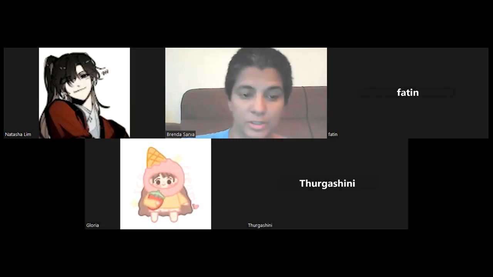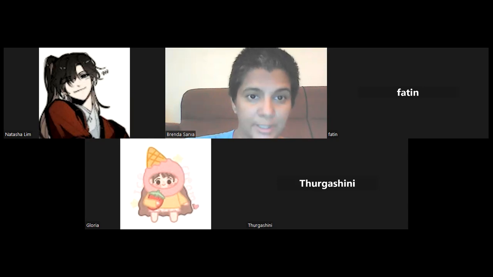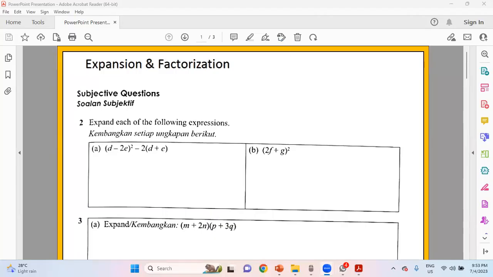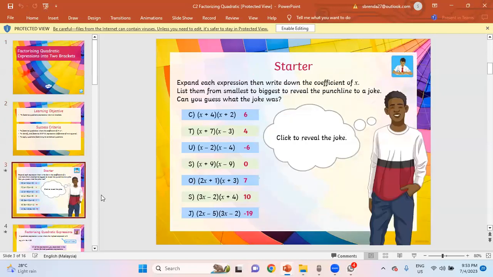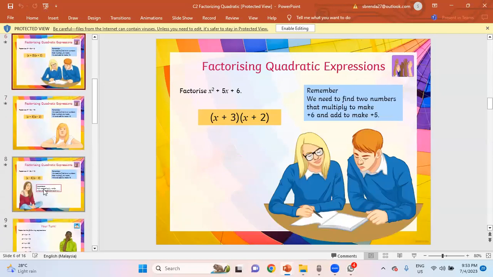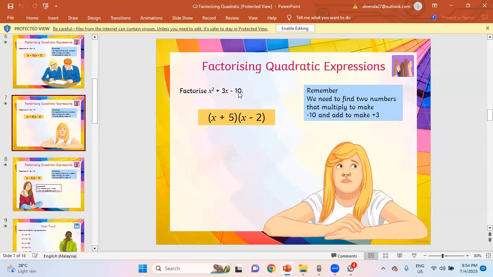Okay? So just for you to remember, a quick glance. What is factorization? It looks like this. Do you remember this? We did this last week. You took out the factors. So you were given an expression and then you take out the factors.